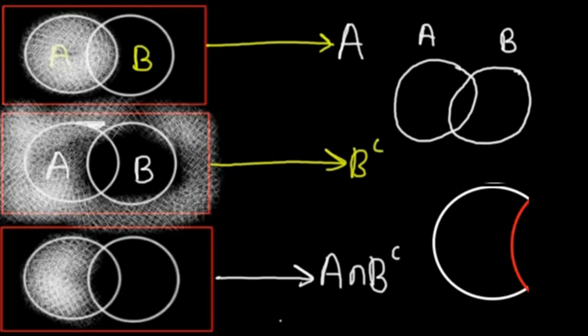So therefore, we can conclude that A intersection B complement equals A minus B, that is, set A minus set B. As soon as we remove the portion of set B from set A, the portion left of set A will be equal to A intersection B complement.